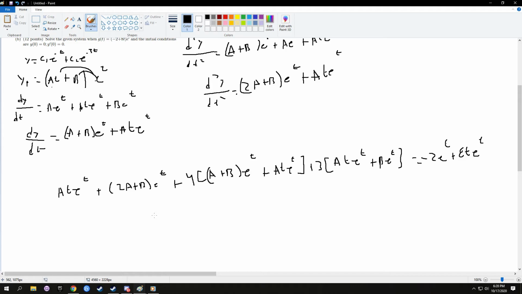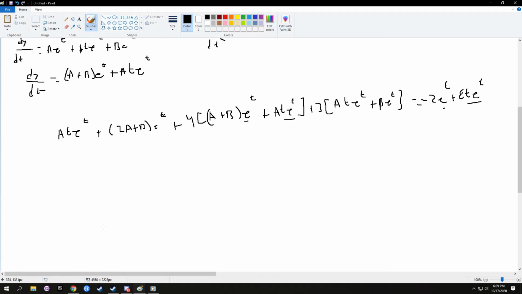Same type of method here, but it's a little different. I have e's, so if I have an e and a t times e to the t, I want to set the e to the t terms equal to the e to the t terms and the t e to the t terms to the t e to the t terms. That might sound a little confusing, so I'll show you. I'm going to do the e to the t terms first.